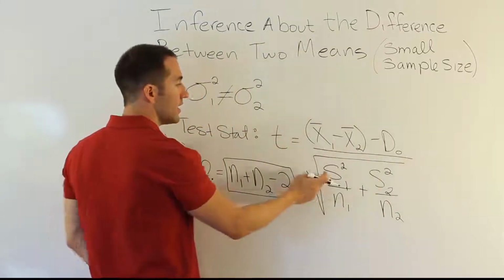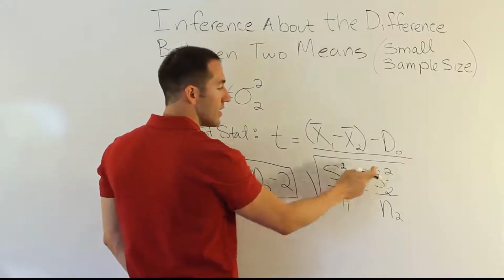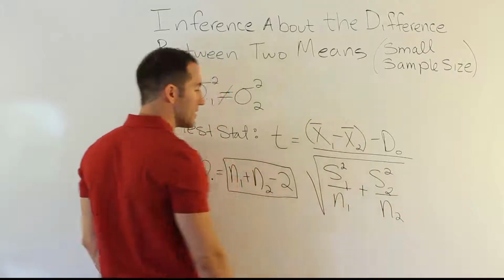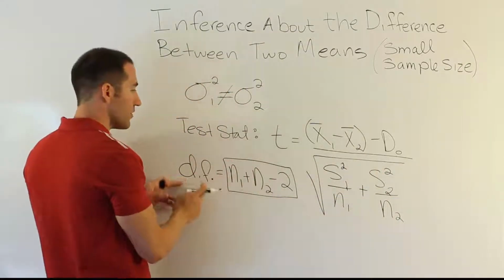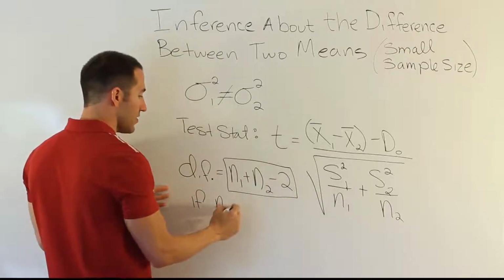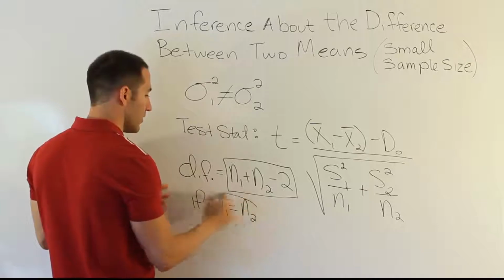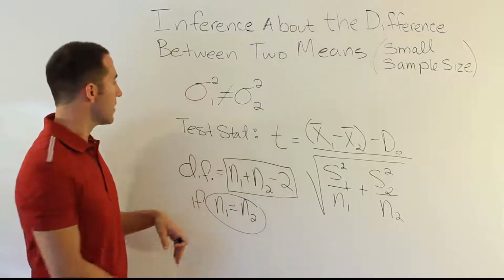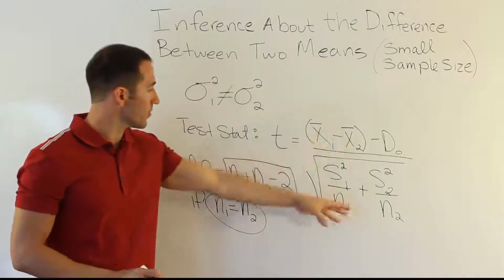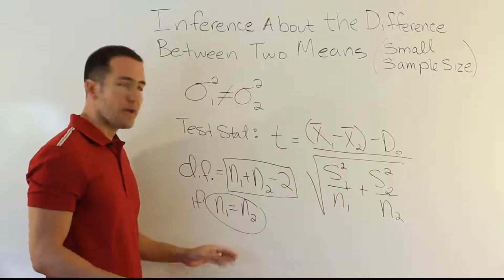In other words, the sample variance divided by its sample size, plus the sample variance for the second group divided by its sample size. And the degrees of freedom will be this if N1 is equal to N2. So if the sample sizes are the same and the population variances are assumed to be unequal, you can use this formula with this degrees of freedom, and that'll work just fine.